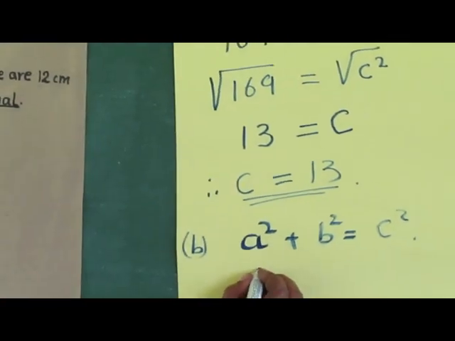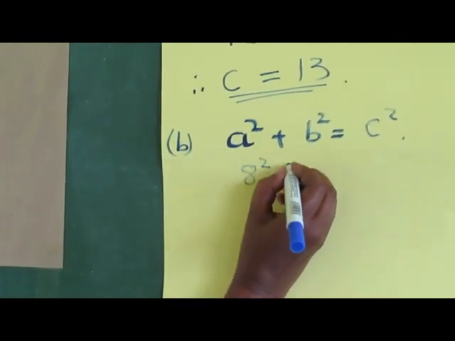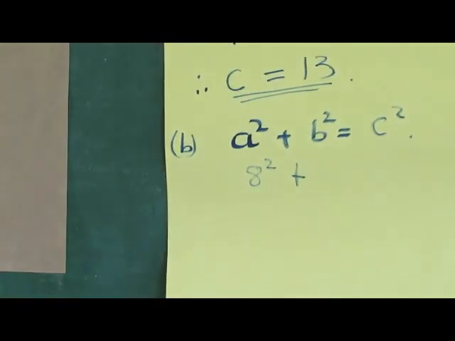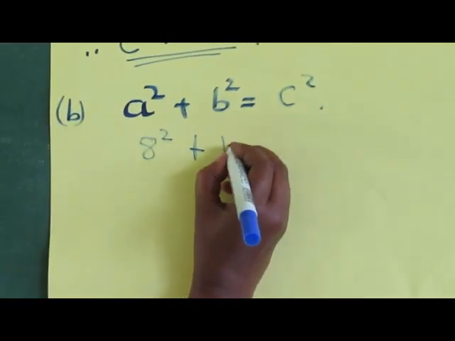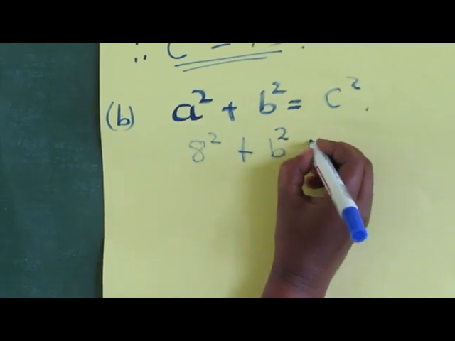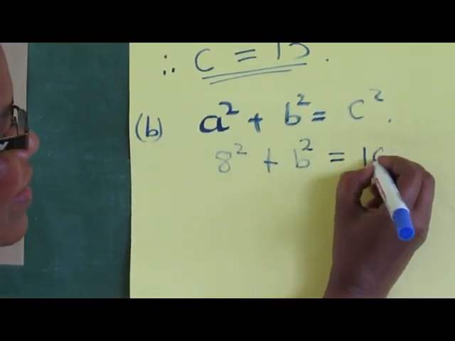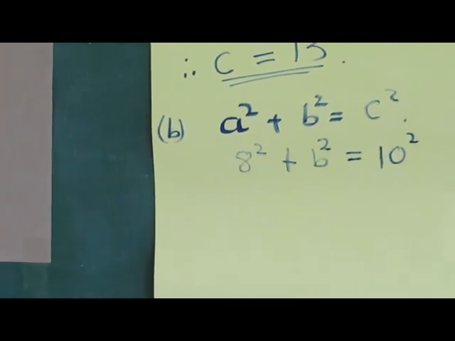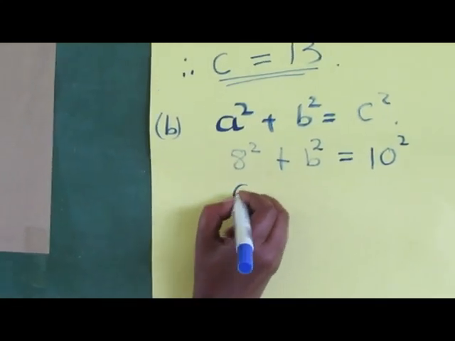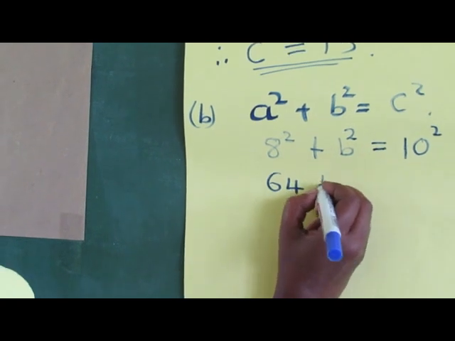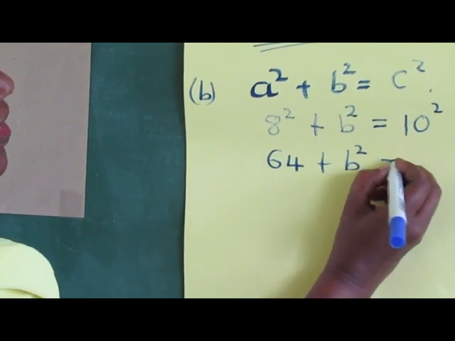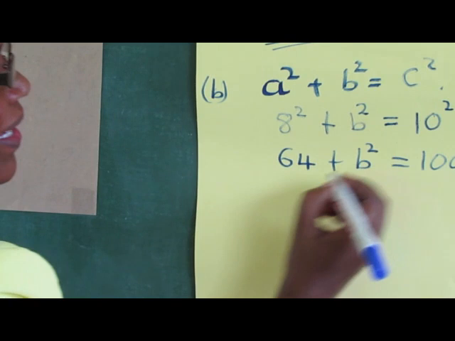A is given, that is 8 squared. What is the value of b? We don't know. You keep it writing b squared here. What is c? It is 10. You square it. So this is equal to 64 plus b squared is equal to 100.